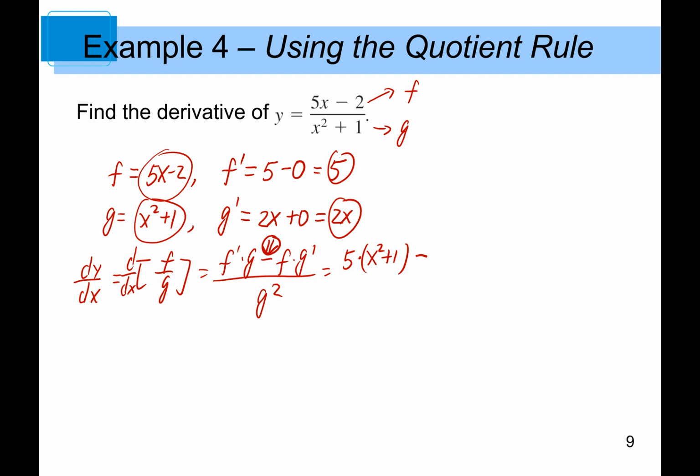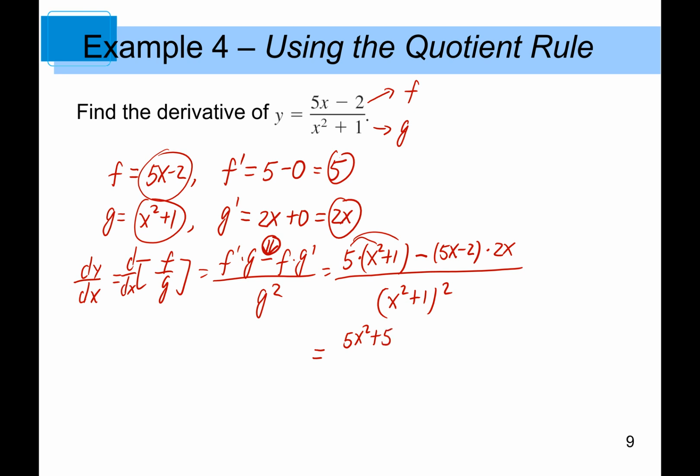Minus f, which is 5x minus 2, times g prime, which is 2x, over g squared, right? So it's going to be x squared plus 1, squared. Okay, so let's expand the numerator and then simplify that. We get 5 times x squared gives us 5x squared, 5 times 1 gives us 5.